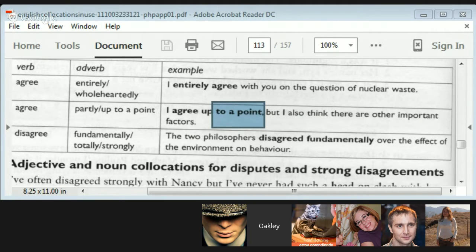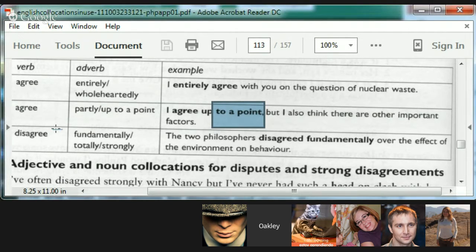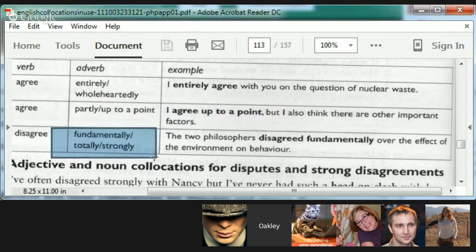Okay. When we use disagree, there's a couple of other adverbs we may use. Let's look at those. Anna?